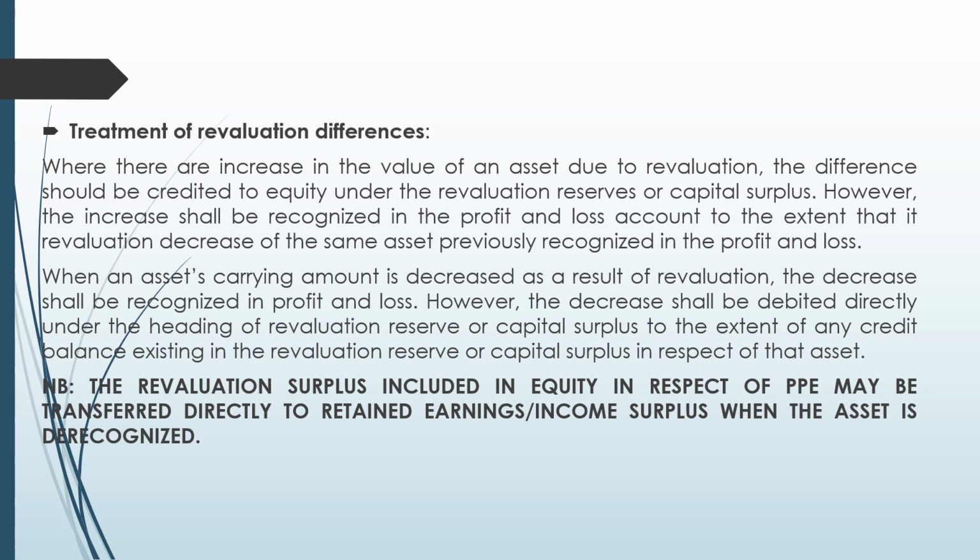We have sold it. We have realized a gain on the asset. So the gains that we realize as a result of revaluation have been realized. That amount should be transferred from the revaluation surplus account to our retained earnings or our income surplus account.